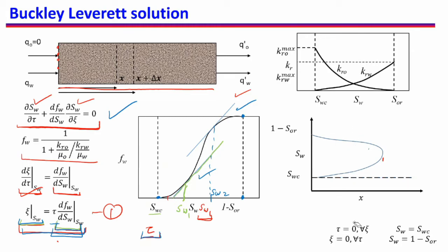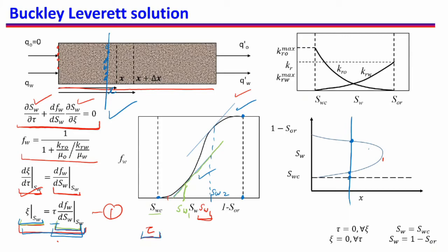So in this curve, if you take a particular x, at that x we can have three saturations. But is this possible? We have a particular x here. At that particular x, because we are dealing in one dimension, the saturation that is present at that x should be only one.